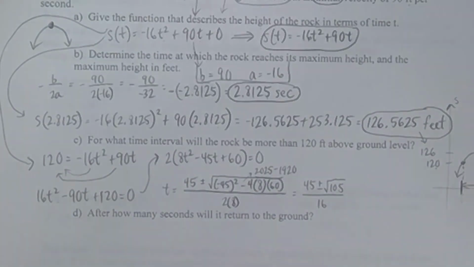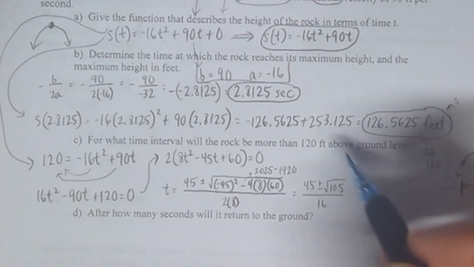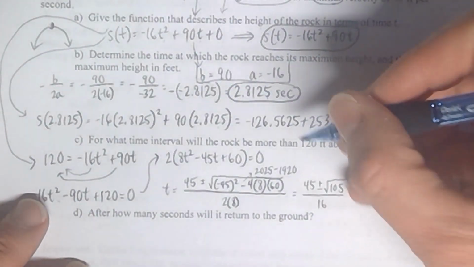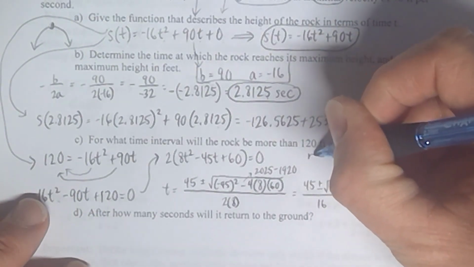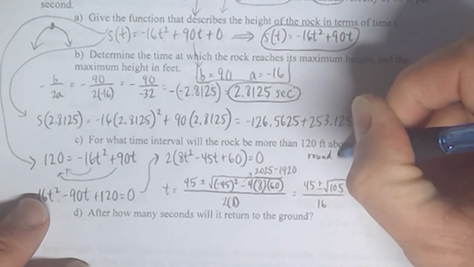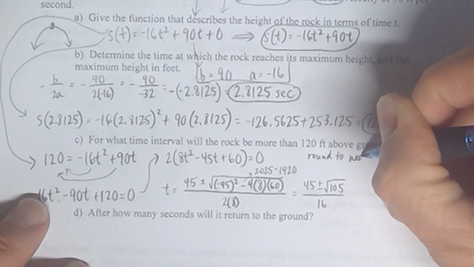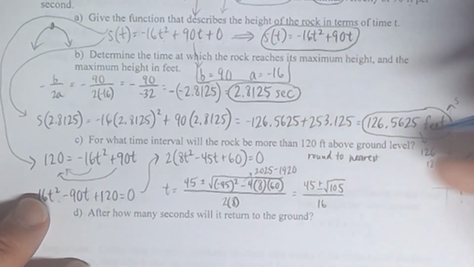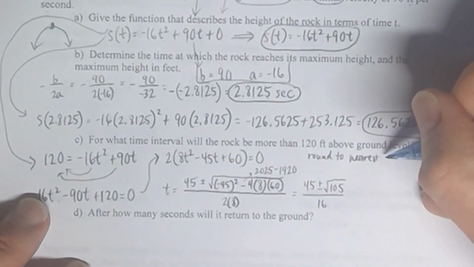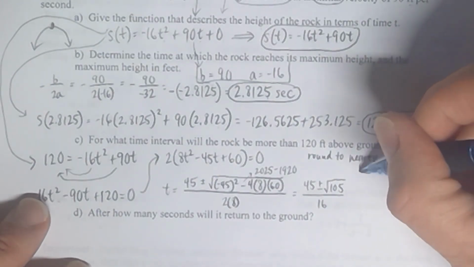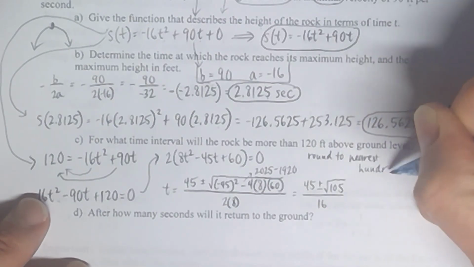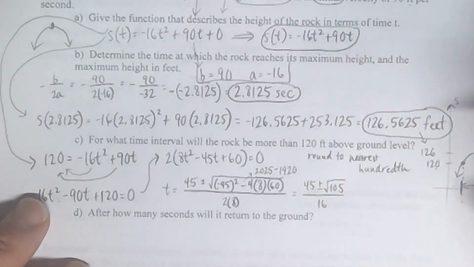Normally, I don't want you to round off unless you're told to, but I did forget to mention that here. Let's say round to the nearest hundredth, which is 2 decimal places.